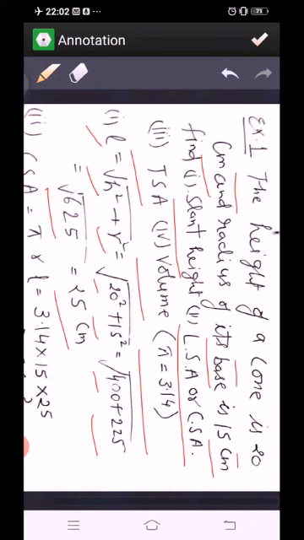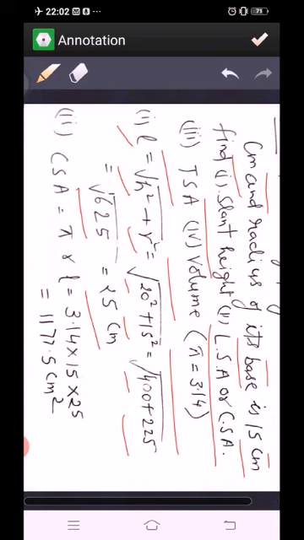So L is equal to 25 centimeter. Then the second part, curved surface area or lateral surface area. We know that curved surface area is pi r L. Pi is given 3.14, radius 15 and L we have got just now, 25. On multiplying all these three we get 1177.5 centimeter square. This will be the curved surface area.